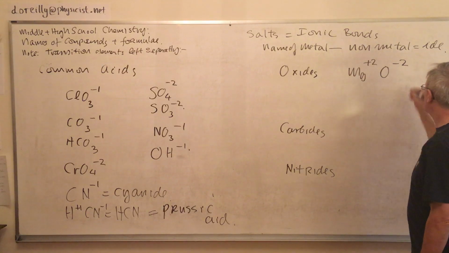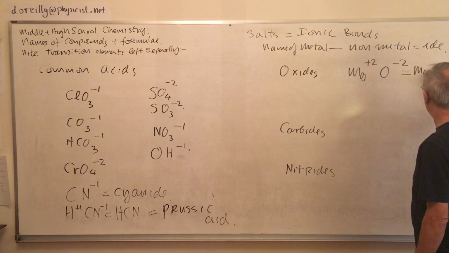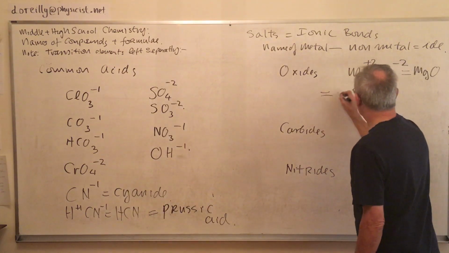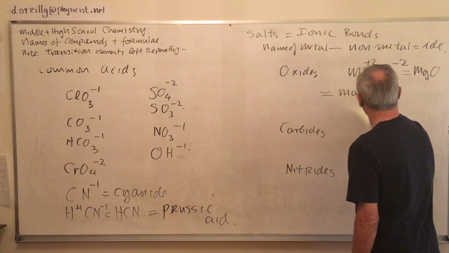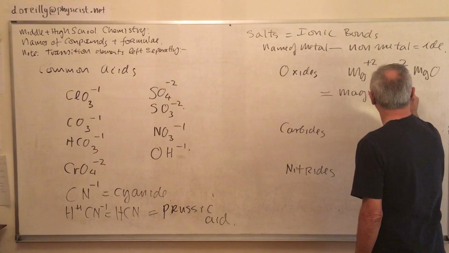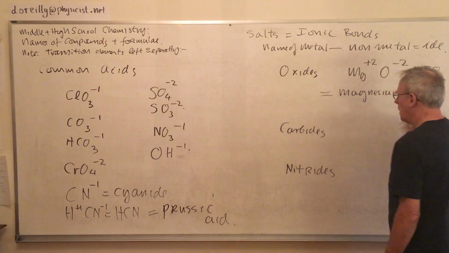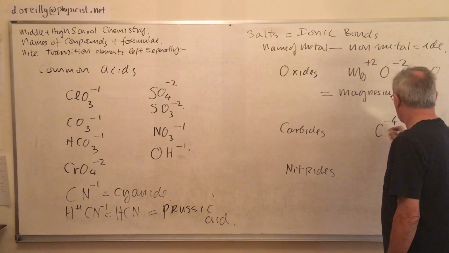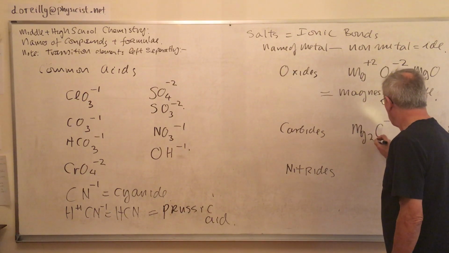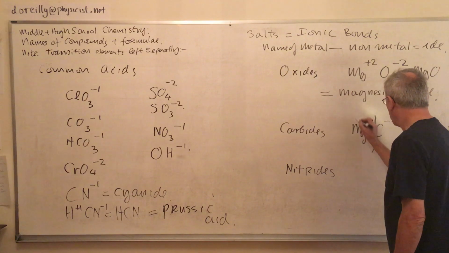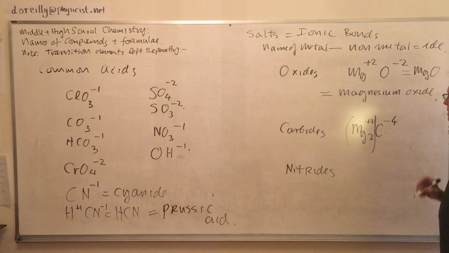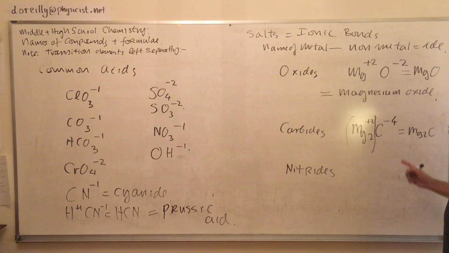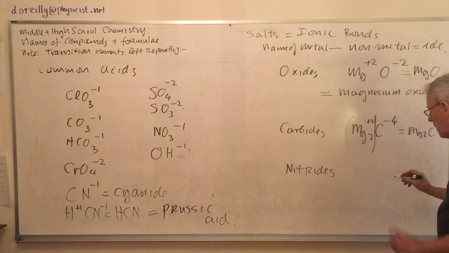And magnesium is +2, so the formula for magnesium oxide is just magnesium, MgO. Carbides. Now I don't know, I'm not sure, but I think magnesium is going to make a compound of Mg2C, magnesium carbide. I'll leave that one out, I'm not a chemist, so I'll just skip that one.